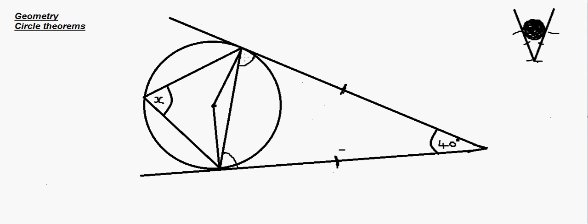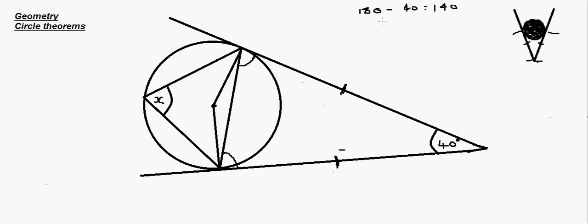Now I know that the angles in a triangle add up to 180, so this plus this plus this equals 180. So 180 minus 40 gives me 140.